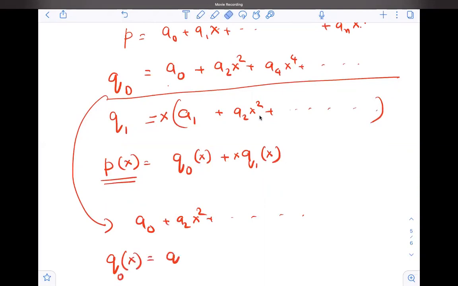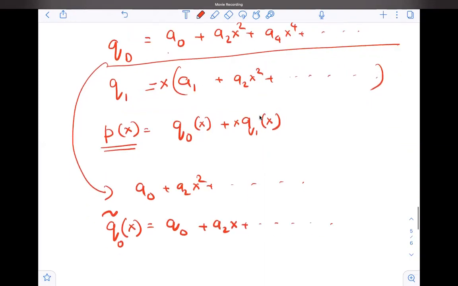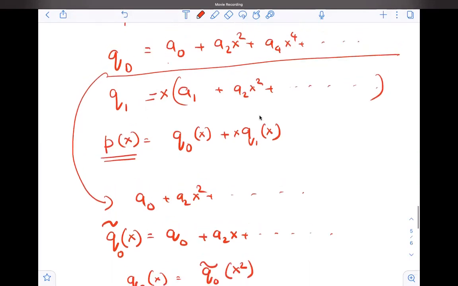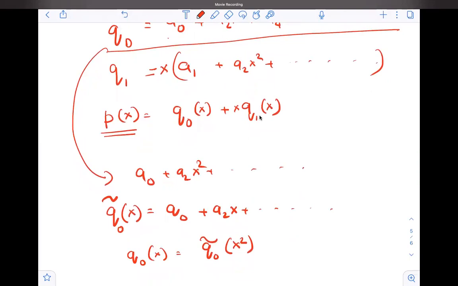If I use a different notation, Q0 tilde as A0 plus A2 x plus so on, that basically means Q0 of x is nothing but Q0 tilde at x square.